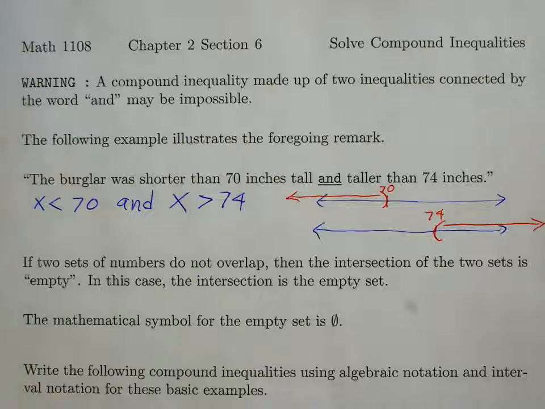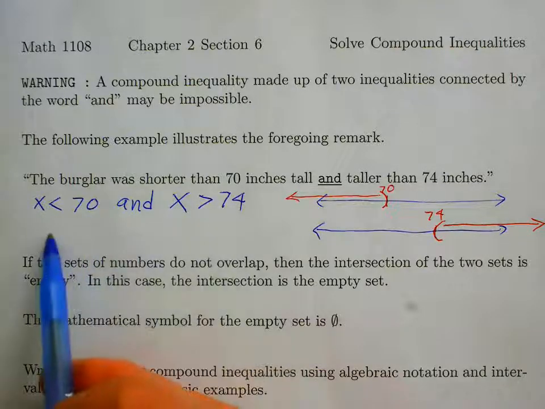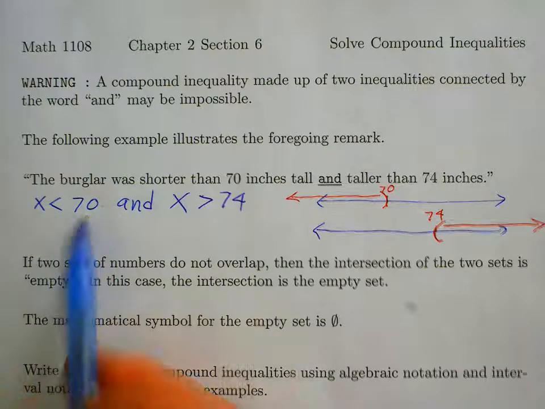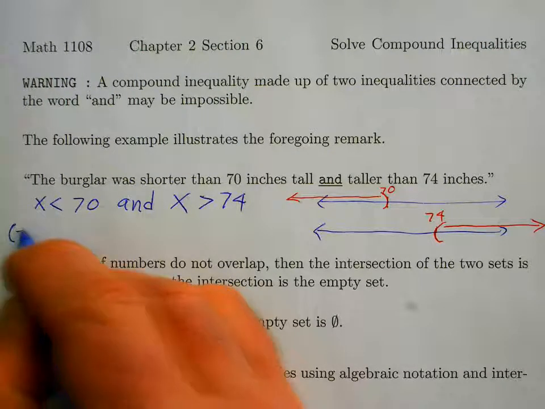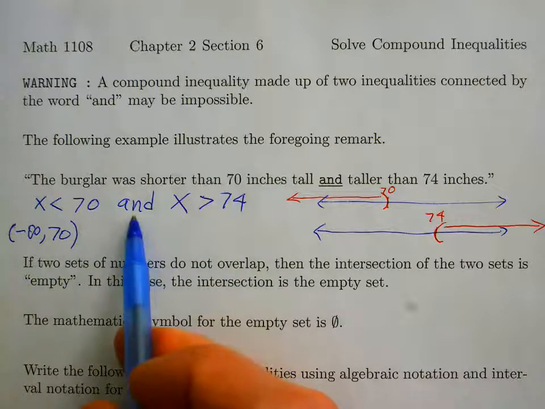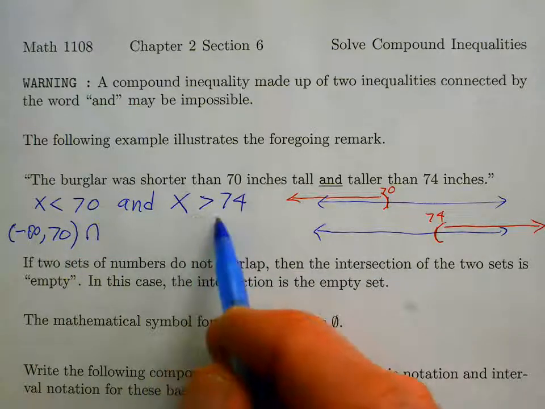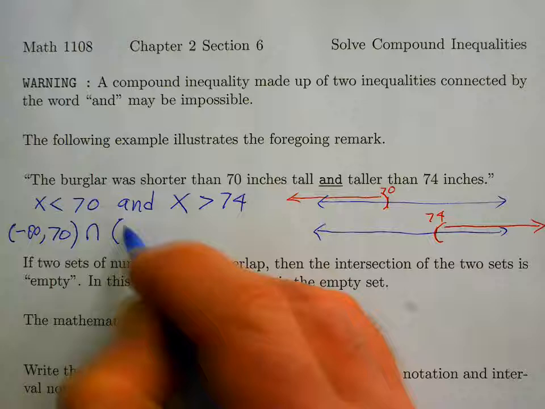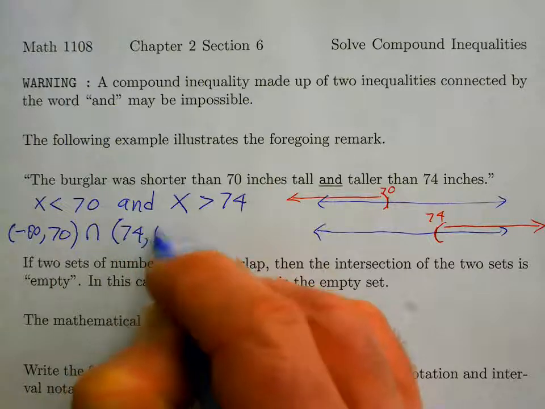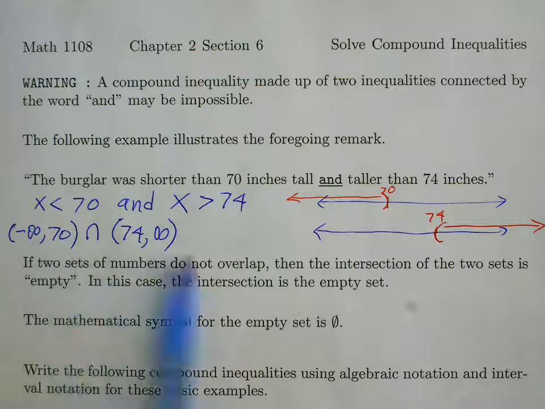Nothing is in the overlap. There's no intersection. You can write it in interval notation. X less than 70 is negative infinity to 70. And then it means intersection, so we use the intersection symbol. X greater than 74, parenthesis 74, comma, infinity. But there are no numbers in that intersection.